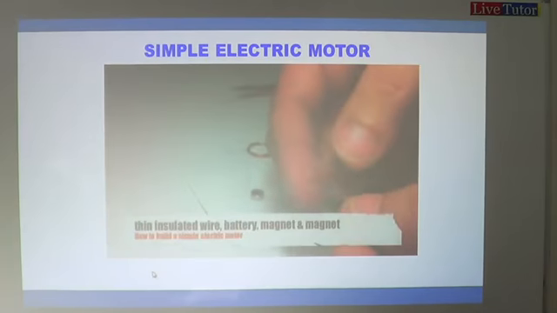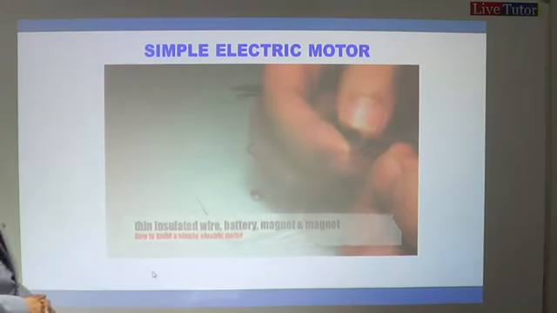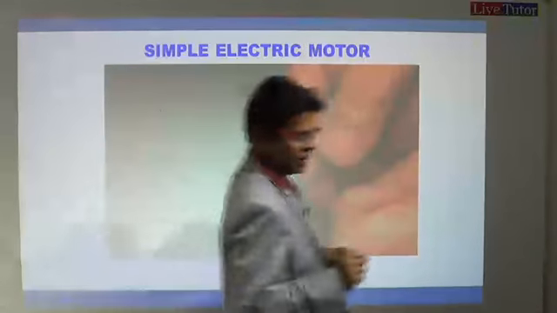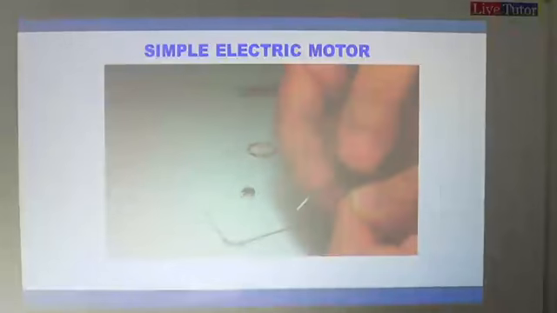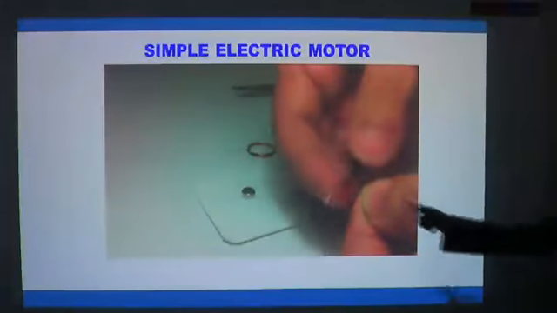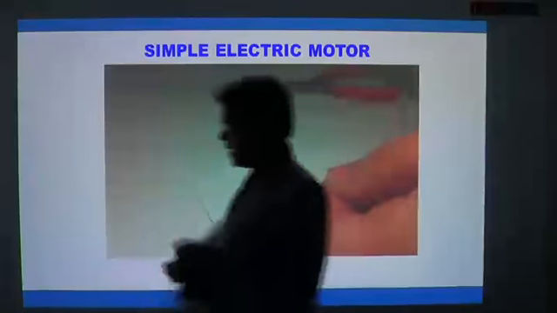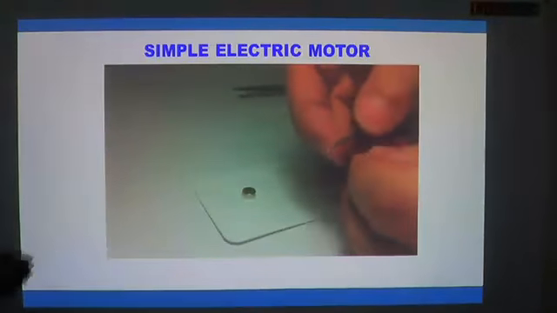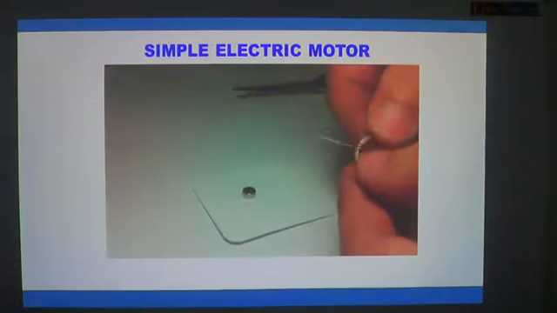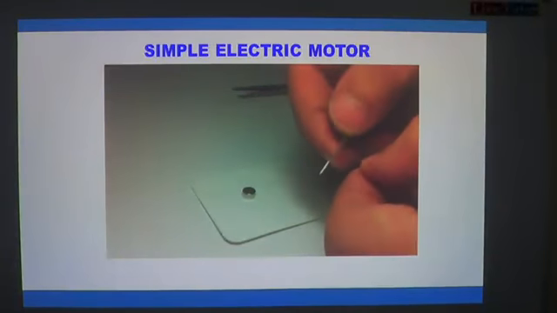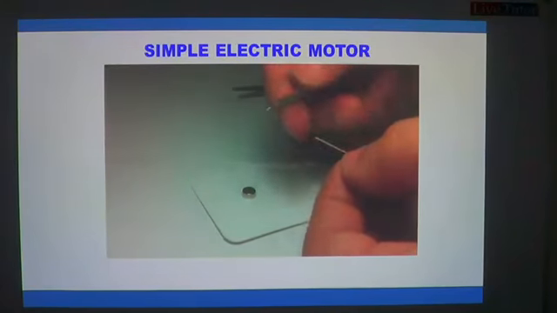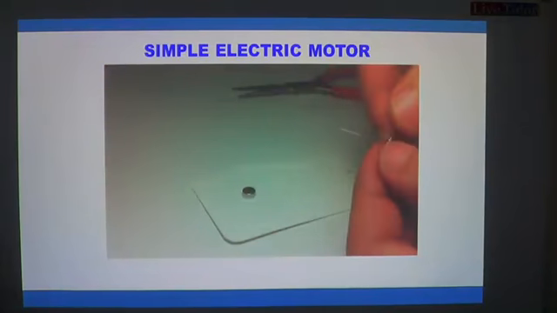Look at that. It's the simplest method to make a motor. You know that this is the copper wire, where there will be an insulating coating. To make a contact, we have to remove this coating so that the current will flow through it.